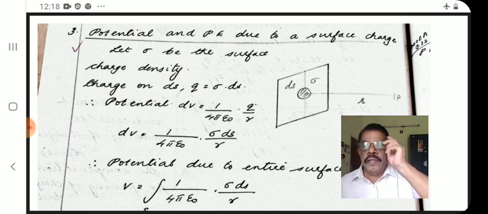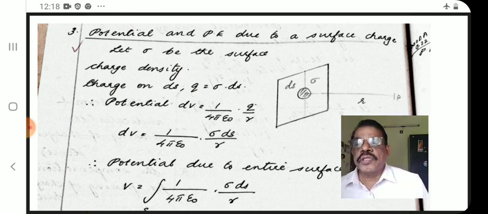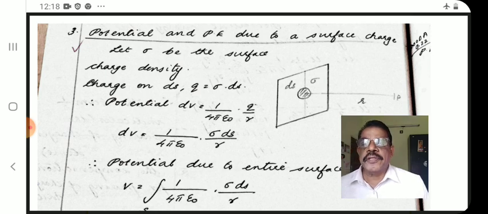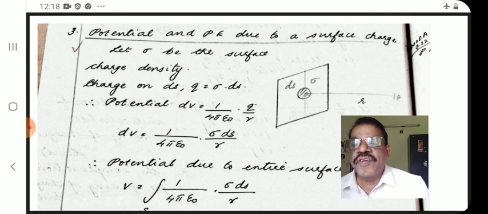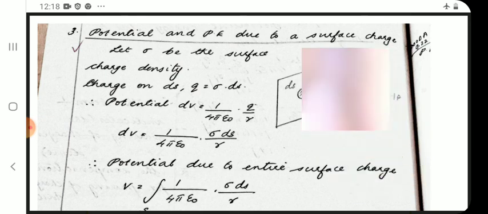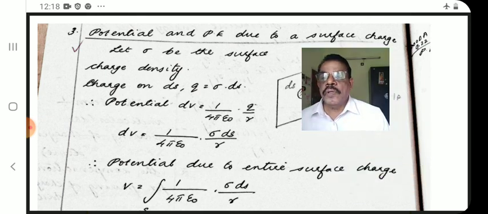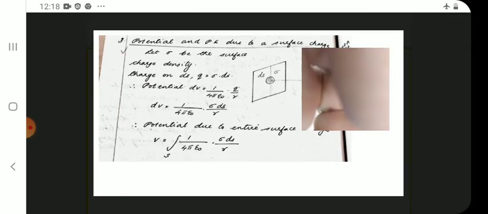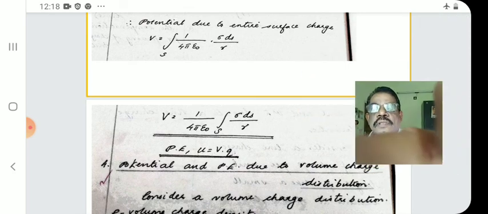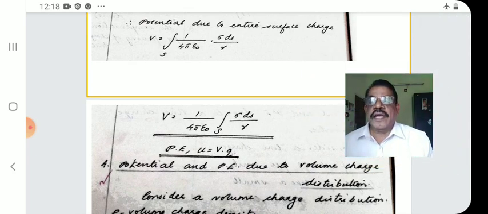So what is Q? Q is sigma ds. Potential dV due to the small element is 1/4 pi epsilon 0 Q by R. That is dV is equal to 1/4 pi epsilon 0 sigma ds by R. So potential due to the entire surface charge, V is the integral over S of 1/4 pi epsilon 0 sigma ds by R. And we can take the constant outside, in front of the integral sign.